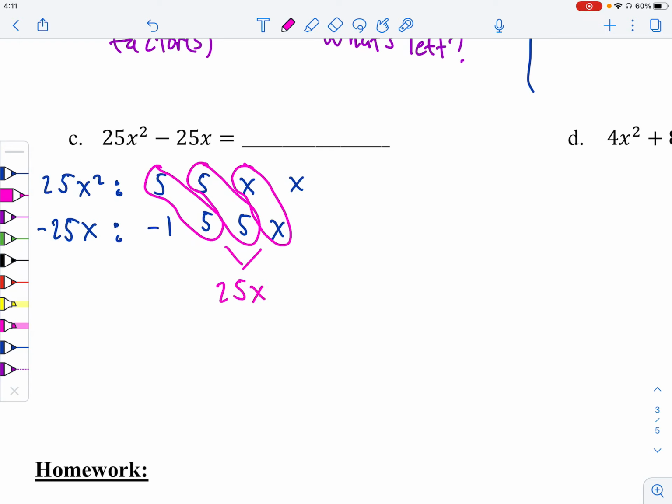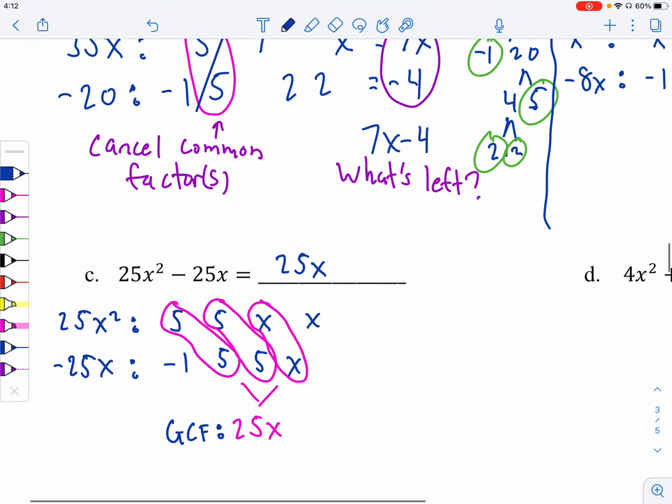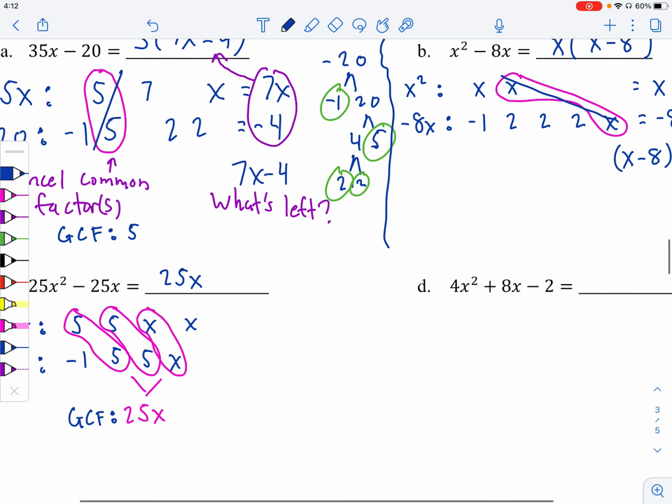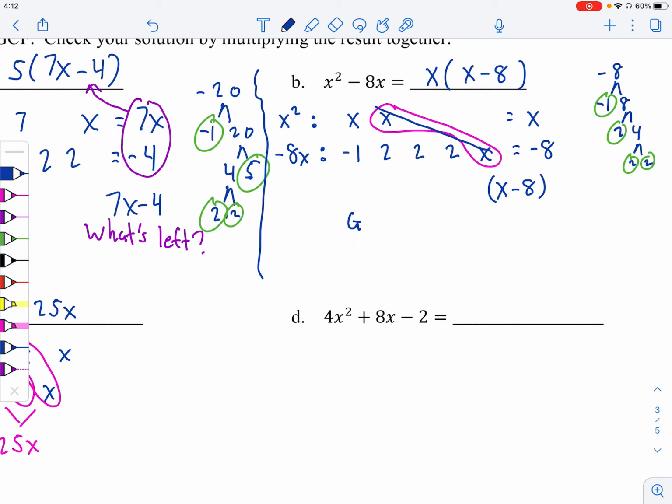So 25x is our GCF. We took it out. Like this one, the GCF is 5. This one, we took out an x, so our GCF is an x.